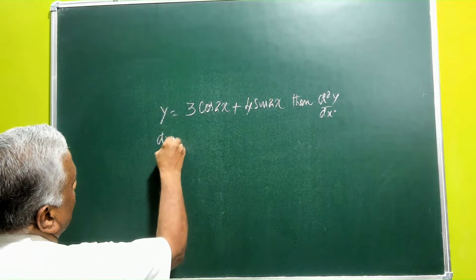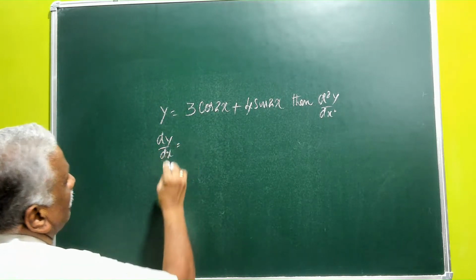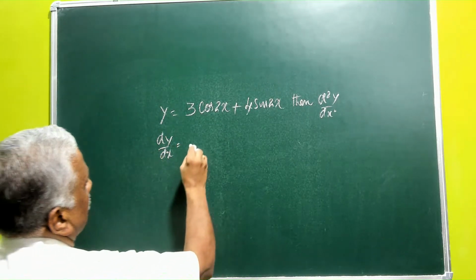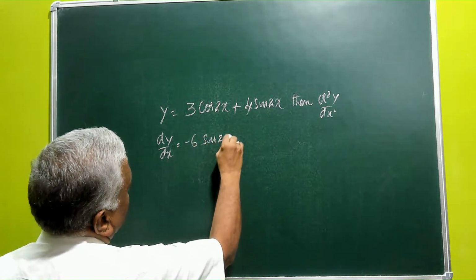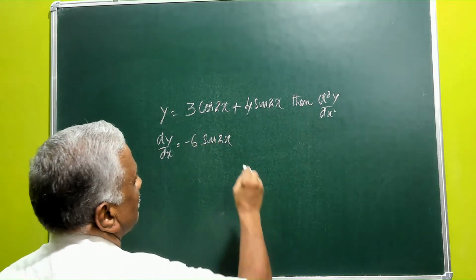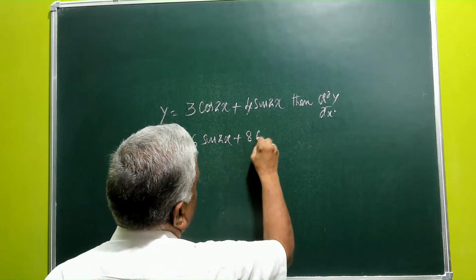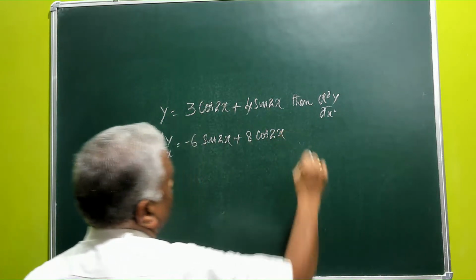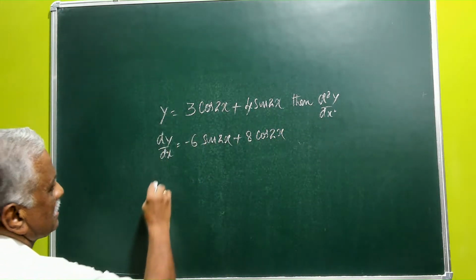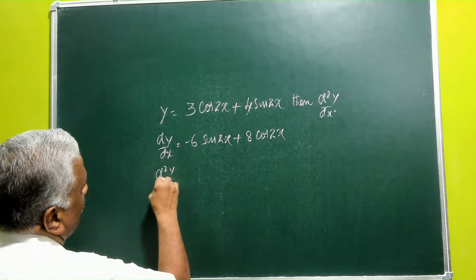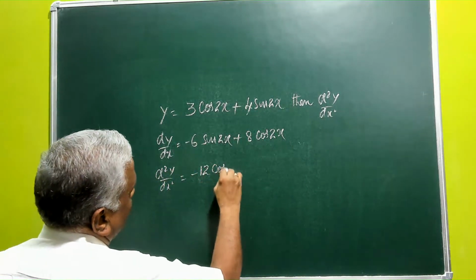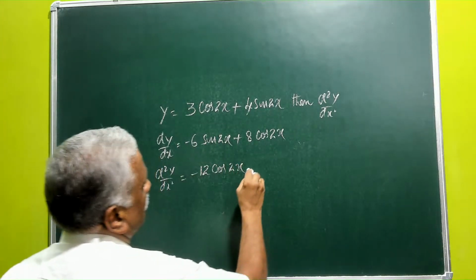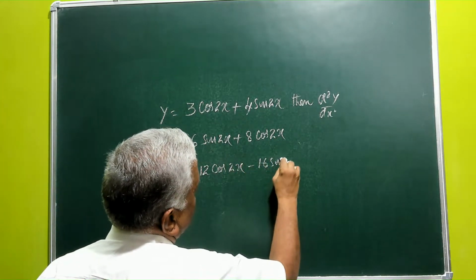Dy by dx is equal to minus 6 sin 2x plus 8 cos 2x. First differentiation. Then d square y by dx square is equal to minus 12 cos 2x minus 16 sin 2x.